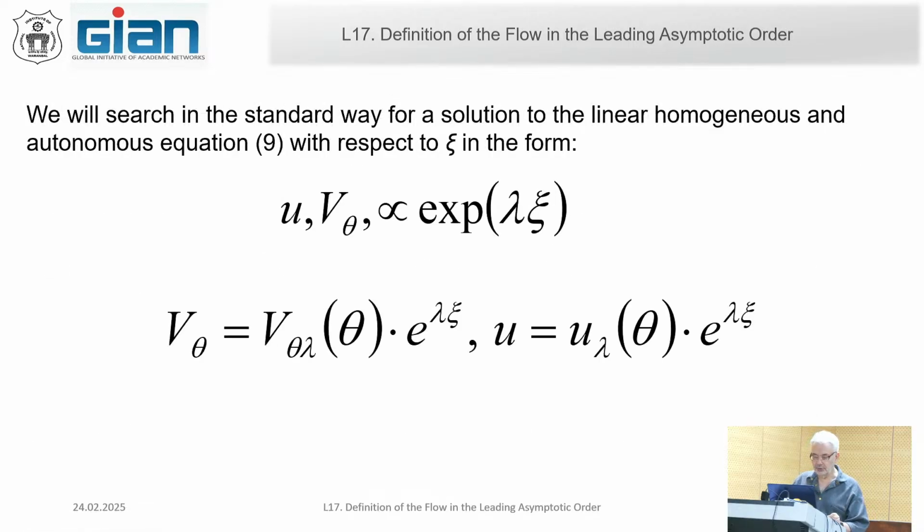And as I already told you, we should represent this stretched variable in the exponential form. This is the best and most natural form because it comes out from the solution of the equation which I previously showed to you.